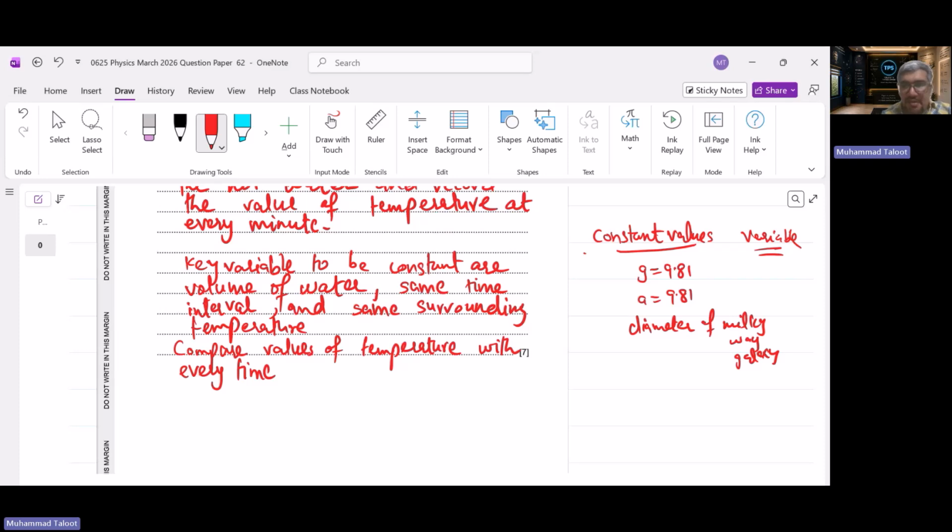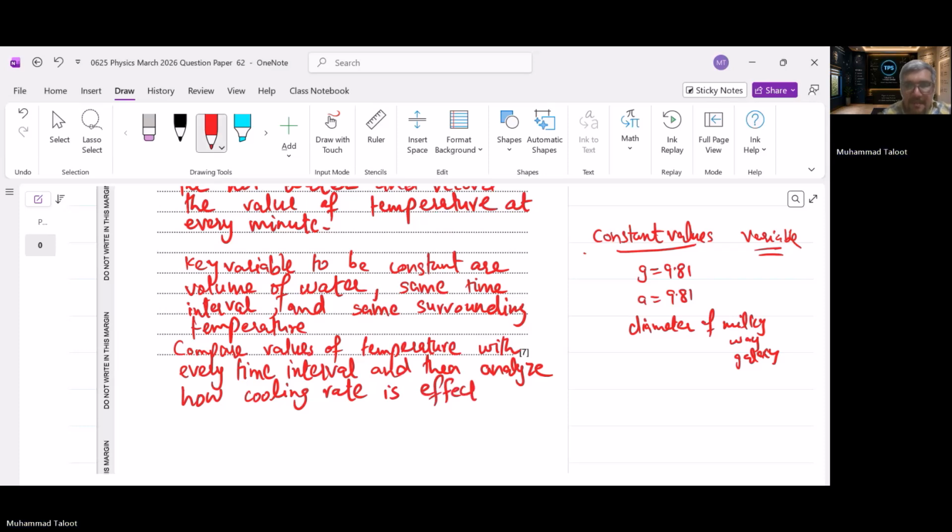With each minute, you can say time interval, and then compare, and then analyze how cooling rate is affected. By the way, it is affected.